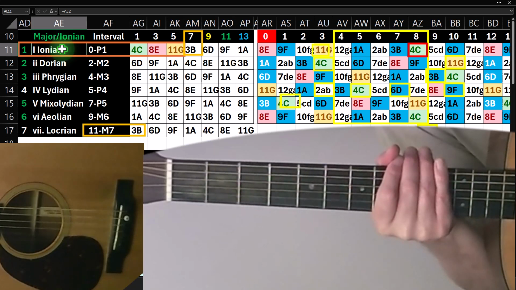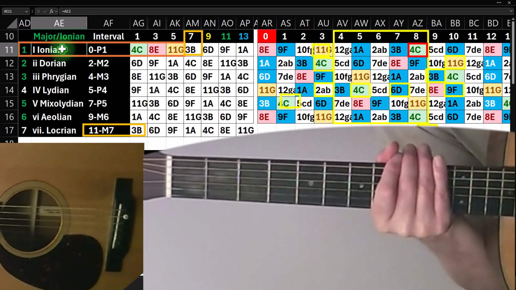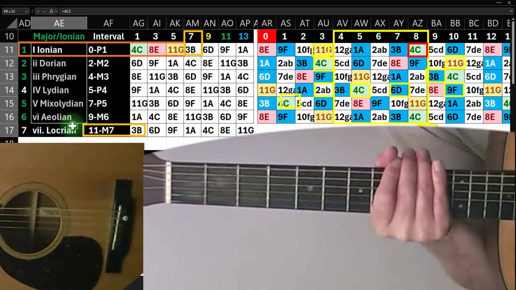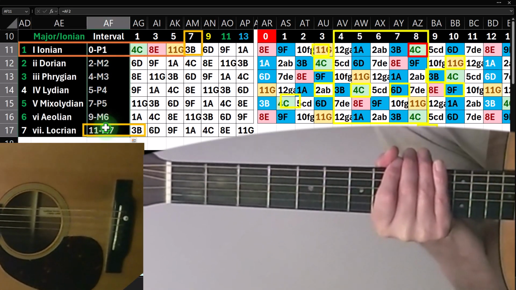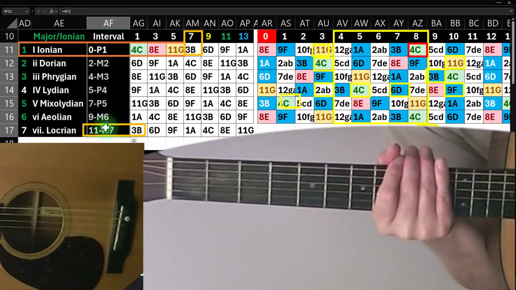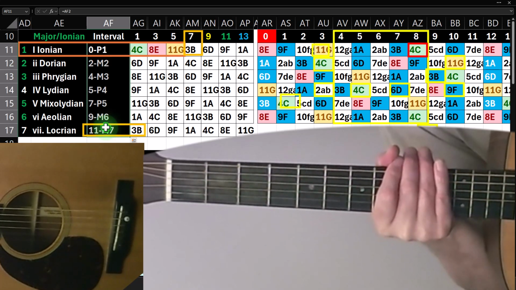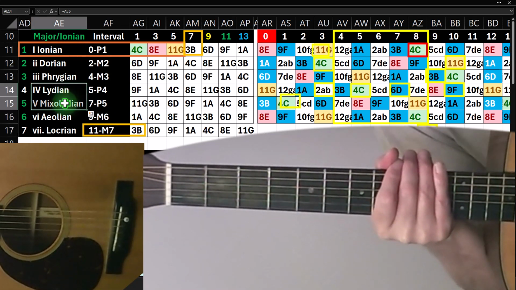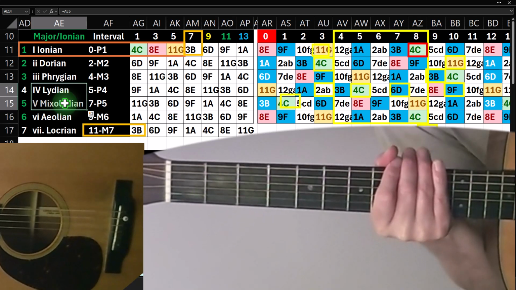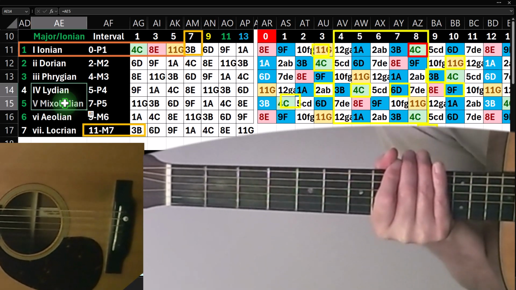But generally, why does it make sense for us to do it? Because if I learn the major scale intervals, then I can also learn the related modal intervals by comparing them to the major scale. The two other major modes, the ones that have a major third, only have one interval difference, making it easy.